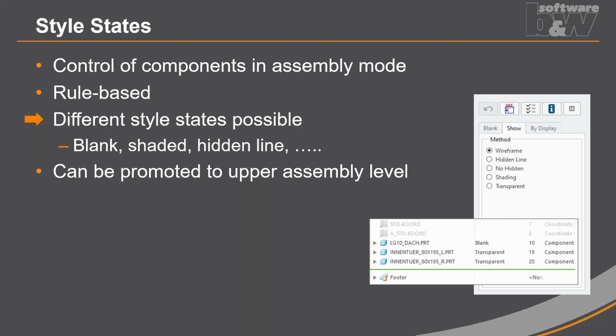You can define the style that the component shall take, like a shaded mode, hidden line, transparent. So you can use one of those. And I personally like that you can promote these style states to upper assembly levels, so you can reuse those settings in your main assembly.